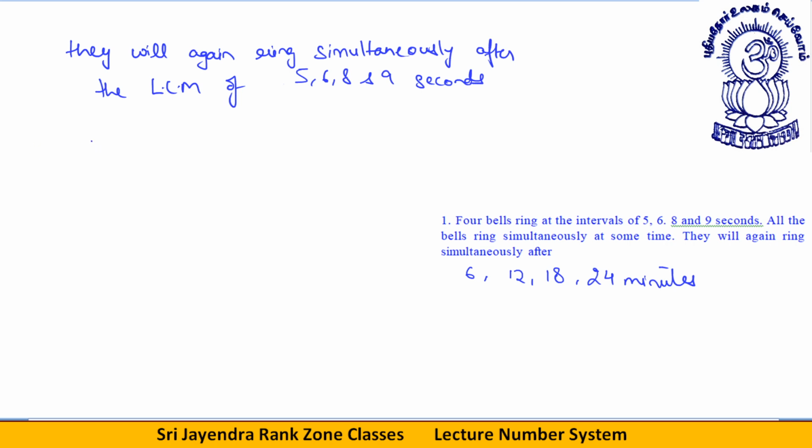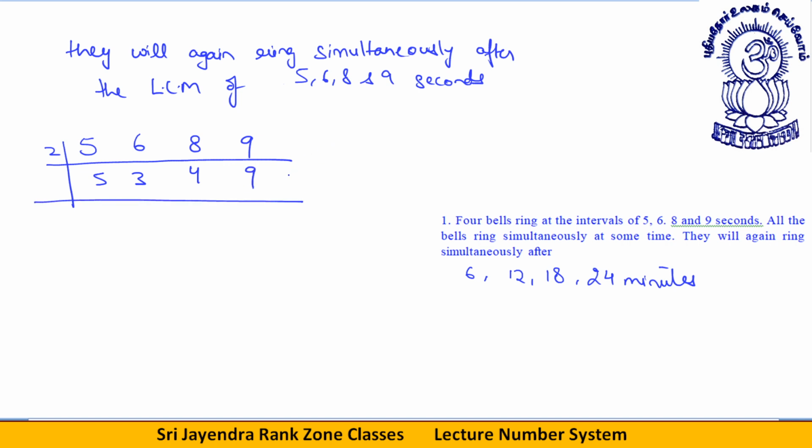So, what is the LCM of 5, 6, 8, and 9? You can find it by this method also. Write down 5, 6, 8, 9. Let's start by dividing with 2. You get 5, 3, 4, 9. Now let's say I divide by 3. What I get? 5, 1, 4, 3.